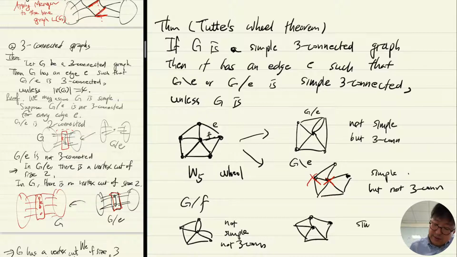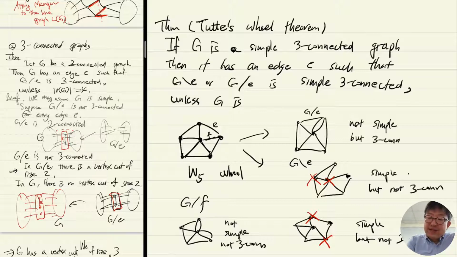This is simple, but not three-connected, because I can delete these two vertices. So this is one example where the wheel theorem fails. You cannot reduce by a single edge reduction, like a deletion or contraction, while keeping simple three-connectedness.